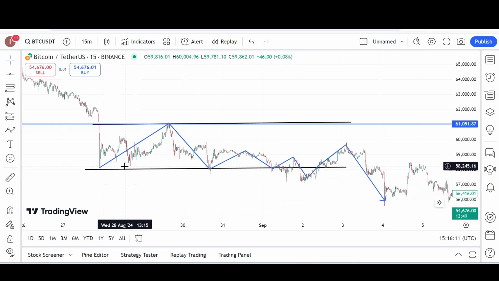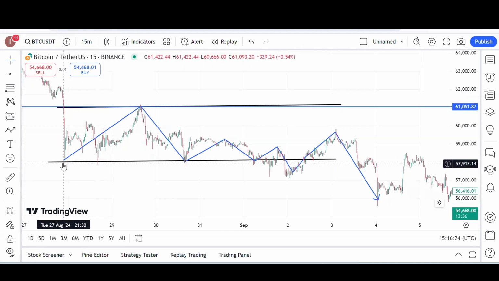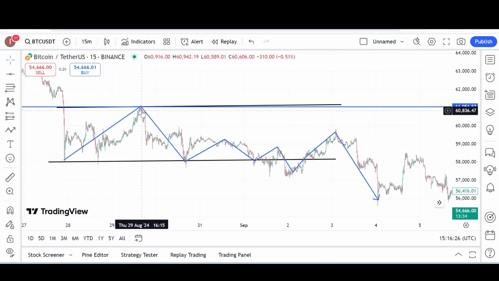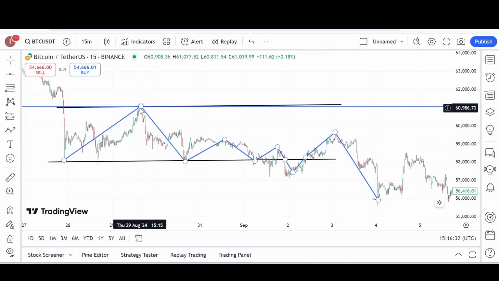In this example, you can see the price bounced back three times from this point. It is known as the support level. If you trade on this level and exit on that level, for example entering at 58,000 and exiting at 60,986, then you get a good margin in your pocket.